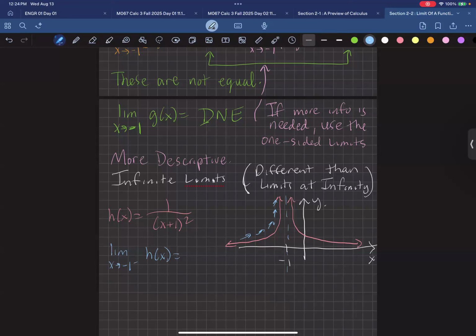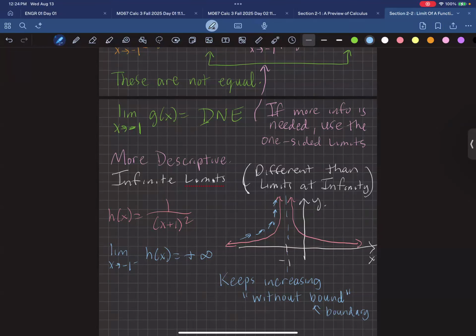This is math speak. It keeps increasing without bound. Bound is like a boundary. There's no boundary to how far we can increase, the sky's the limit kind of thing. In this situation, it's going up, up, up to positive infinity.